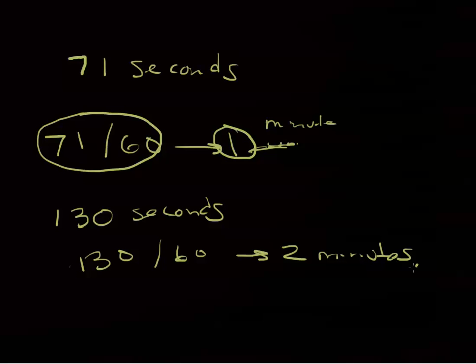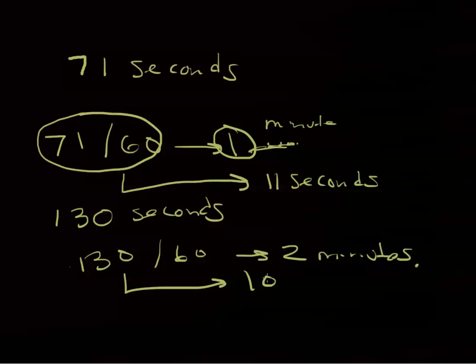So in my program, I can take that total number of seconds since 1970 and divide it by 60 to get the number of minutes. The question, though, is how do I get the number of remaining seconds? I would have 11 seconds here, and I'd have 10 seconds remaining here. And how do we do that?